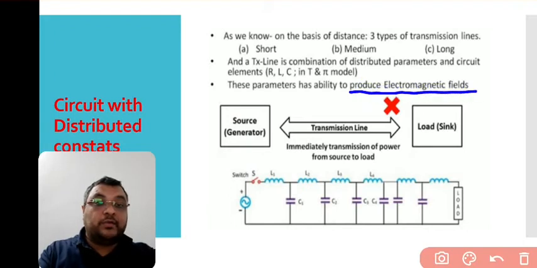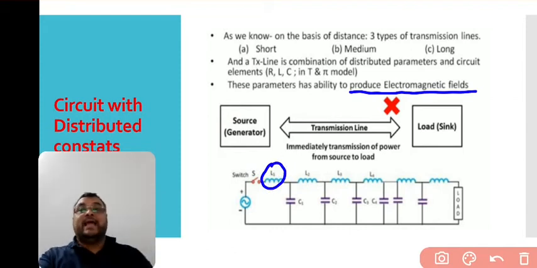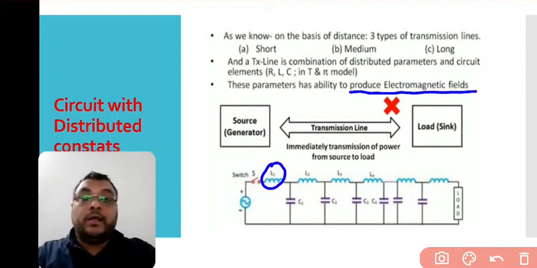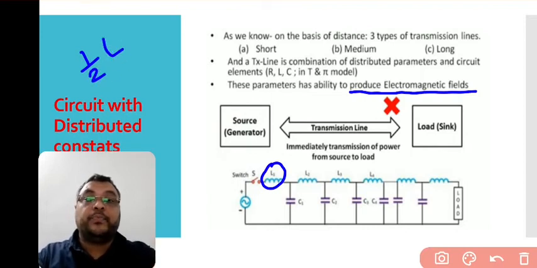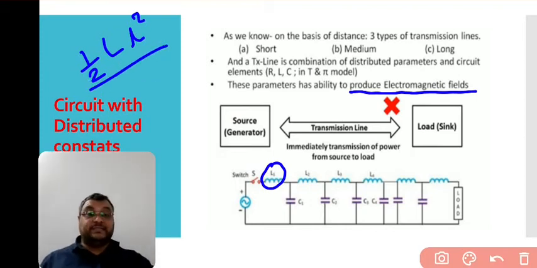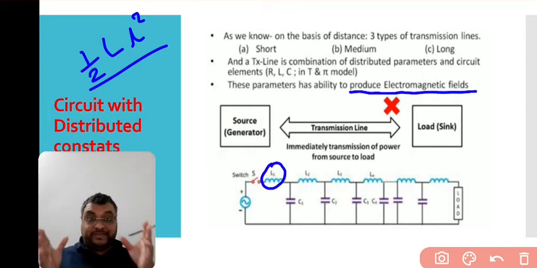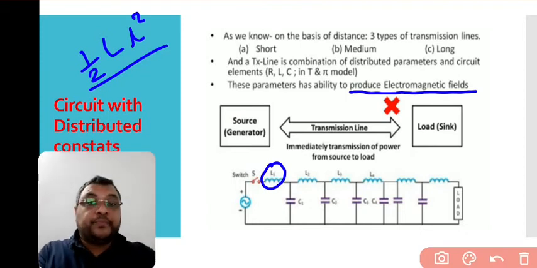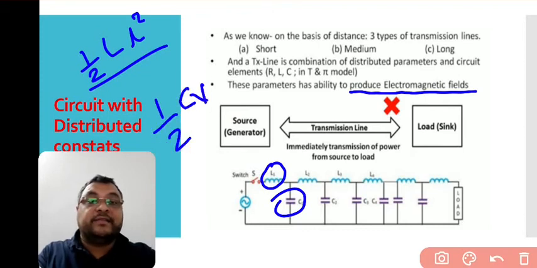When switch S is on, L1 is charged with 1/2 Li square, and for the capacitance it is 1/2 Cv square.